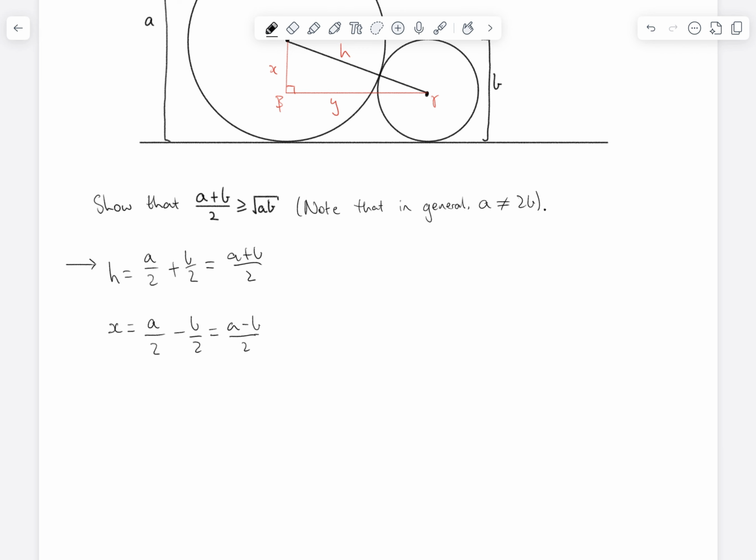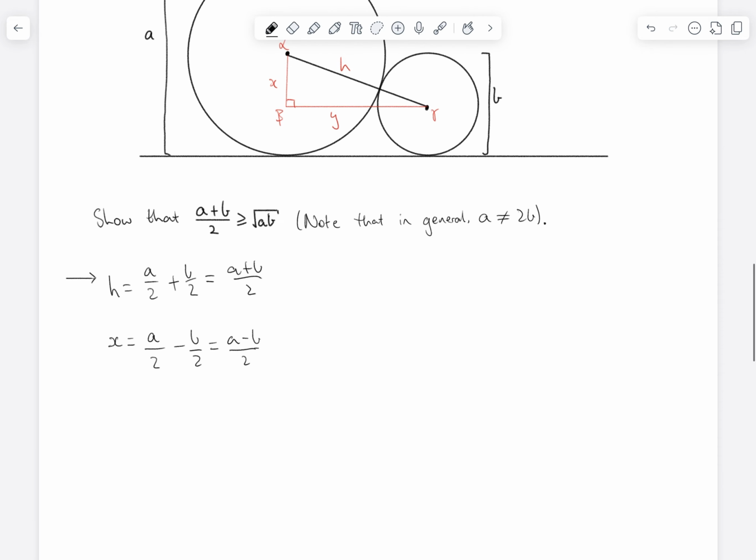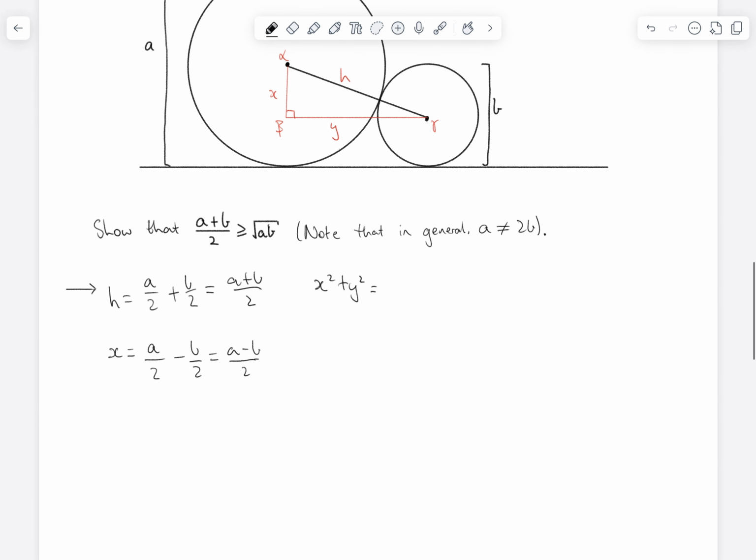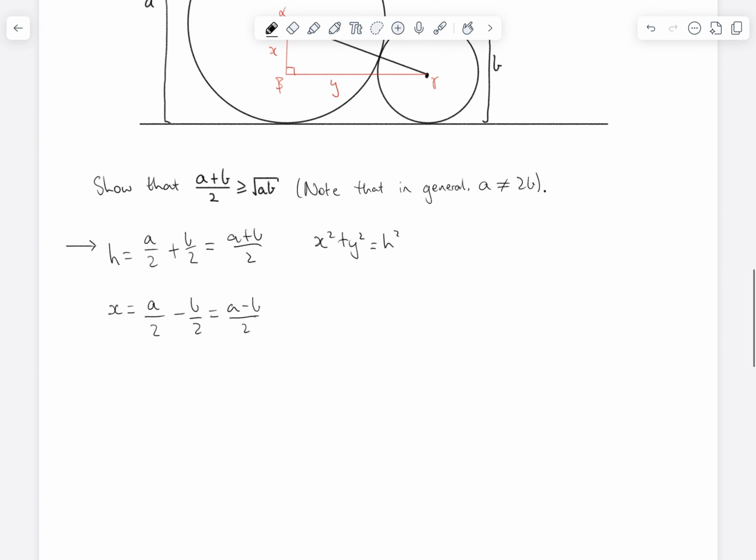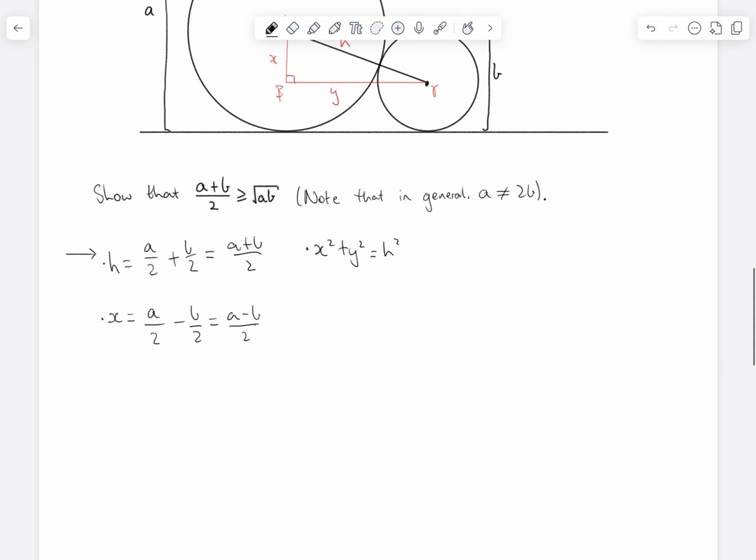So we have expressions for h and x, and also by the Pythagorean theorem, we get that the sum of the squares of x and y, let's write it out here, so x squared plus y squared is the square of the hypotenuse, which let's just write as h for now. X squared plus y squared is h squared. And let's get y on its own.